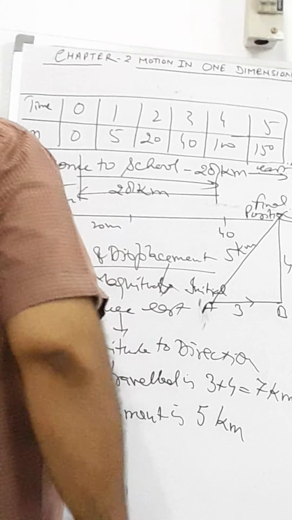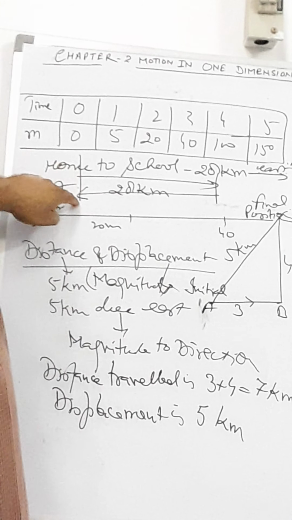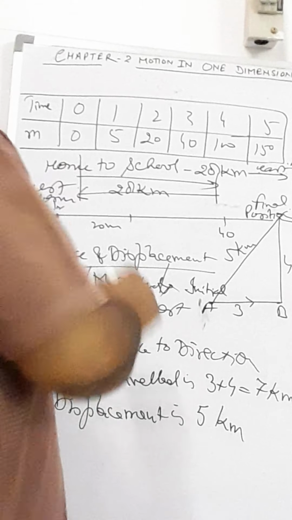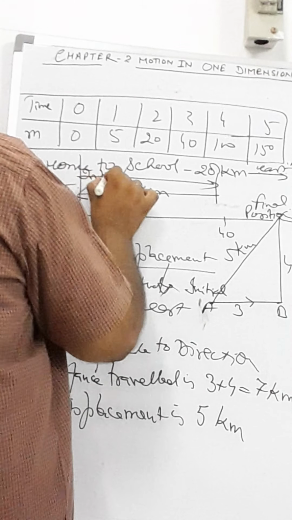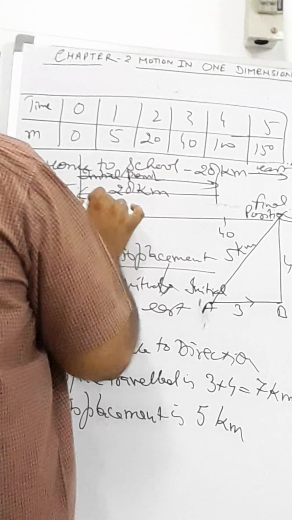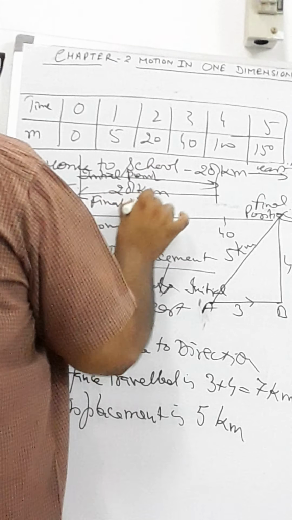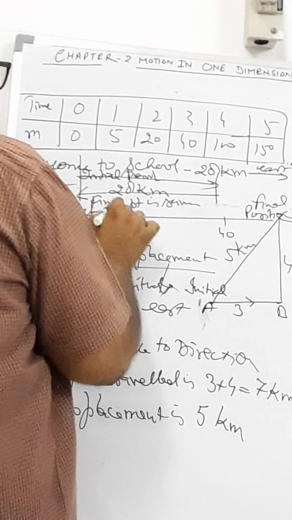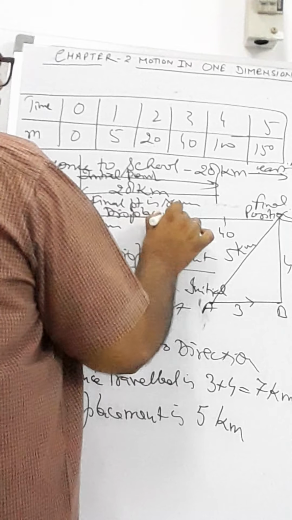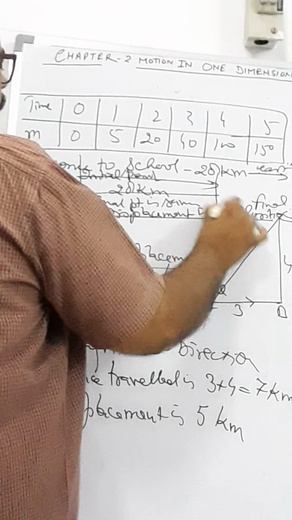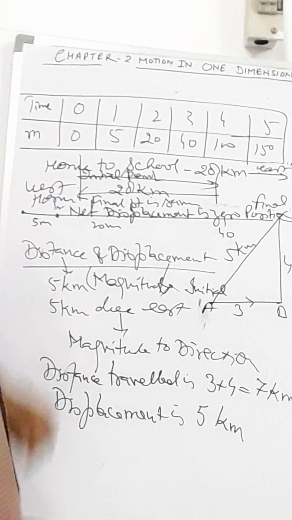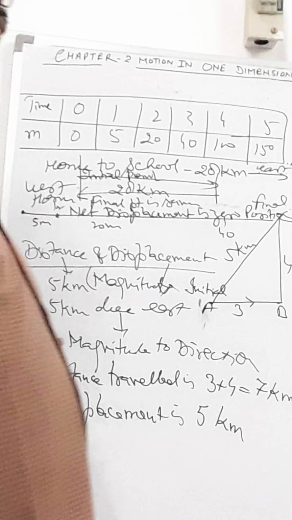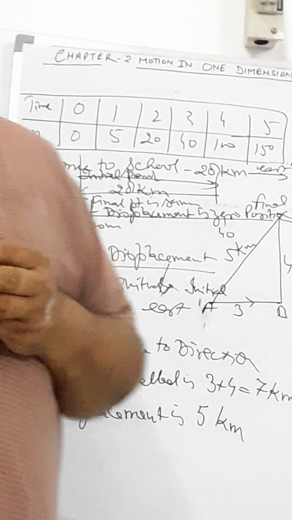My initial position and final position are the same. So my net displacement is zero. But I have traveled 56 kilometers. Displacement is zero. So this was the difference between distance and displacement.